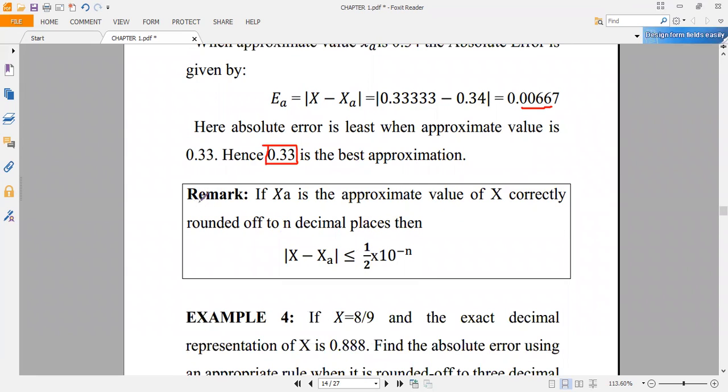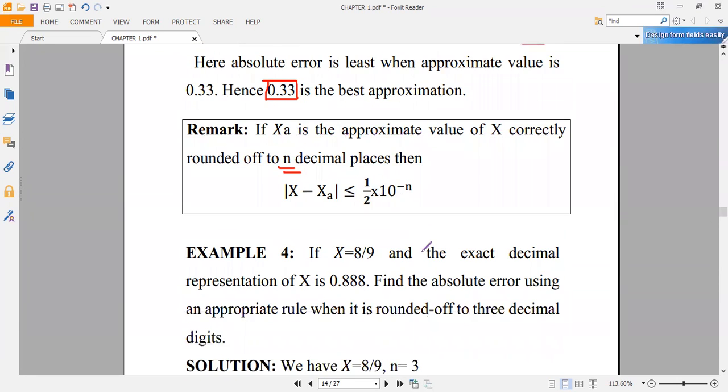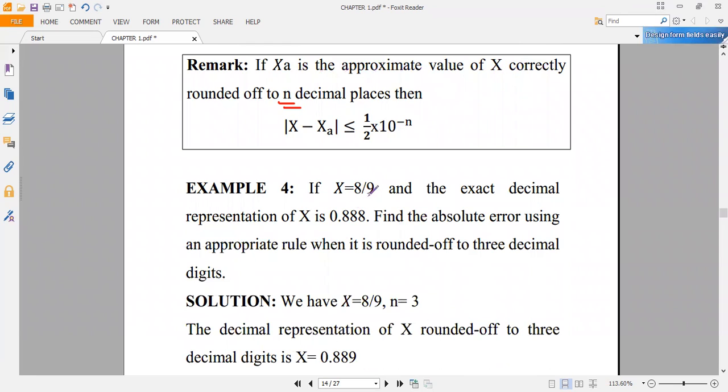The other remark is that if x approximate is an approximate value of x correctly rounded off to n decimal places, then the absolute value of x minus x approximate is always less than or equal to 1 over 2 times 10 raised to minus n. So if x is equal to 8 over 9, and the exact decimal representation of x is 0.888..., find the absolute error using this rule when it is rounded off to 3 decimal places.